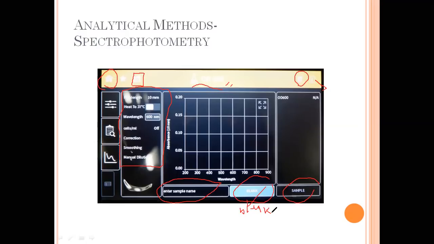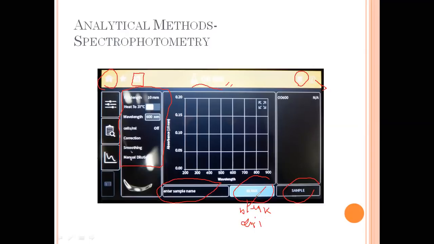So that is the main purpose of the blank solution. So kung hindi distilled water ang ginagamit natin, we make use of a reagent blank, okay, or serum blank. Depende sa method na gagawin mo. But mostly, we make use of distilled water as our blank solution.